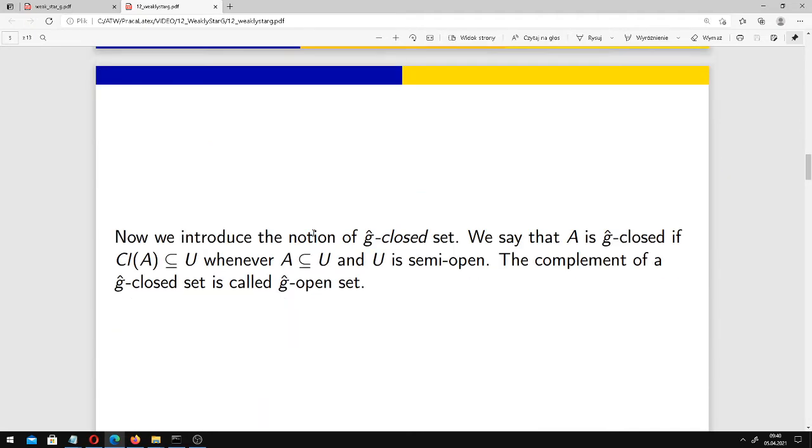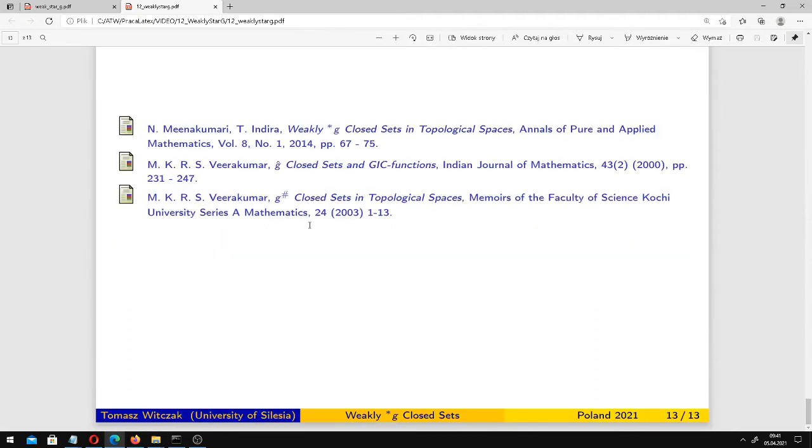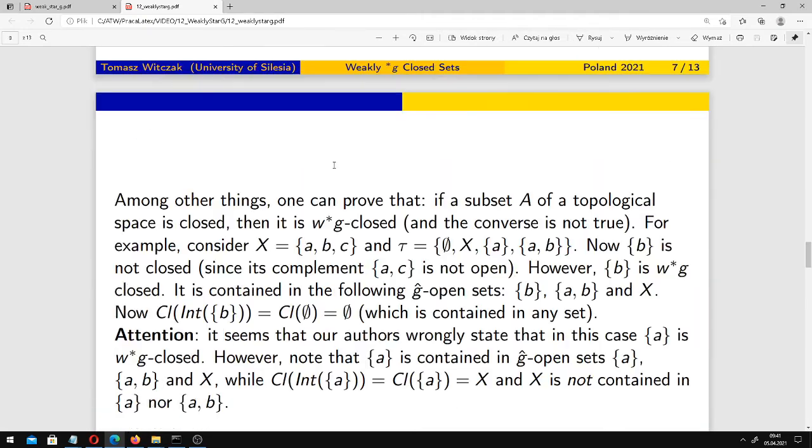Okay, and now we introduce the notion of hat G closed set. We use this small word hat because the symbol in LaTeX is hat. Hat G closed sets have been introduced, as you can see here, by Veera Kumar in 2000.